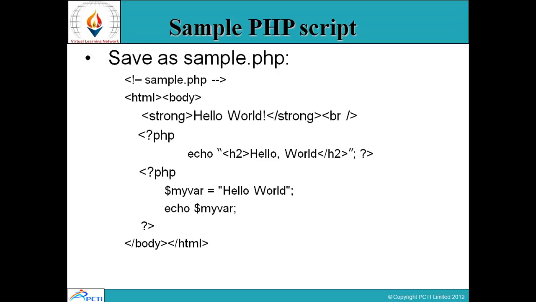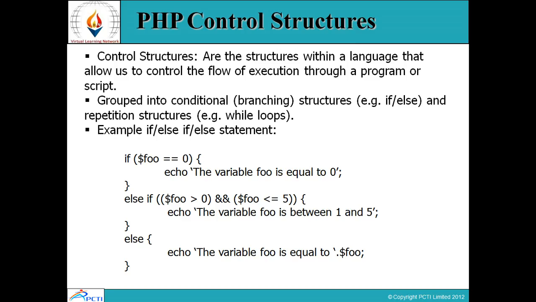So you can simply display any message that is stored in a variable with the help of the echo command. You have to write echo dollar variable name. Whatever value has been stored in that variable will be displayed automatically. Right?